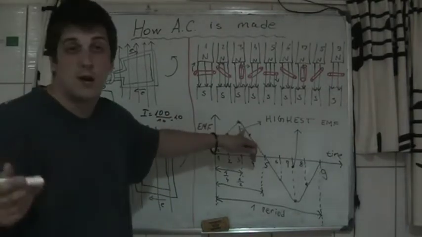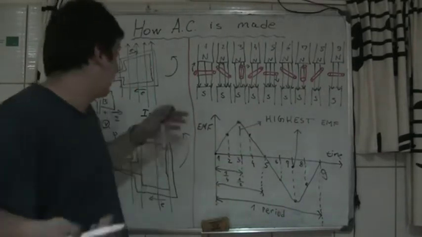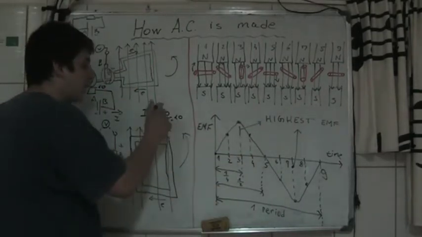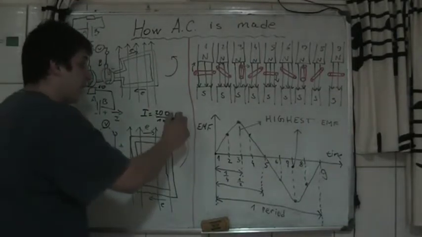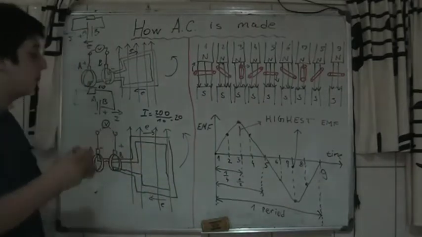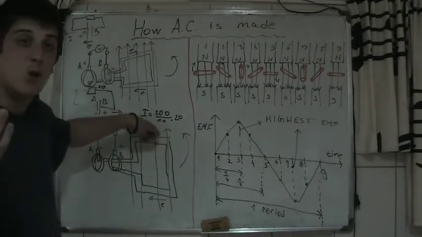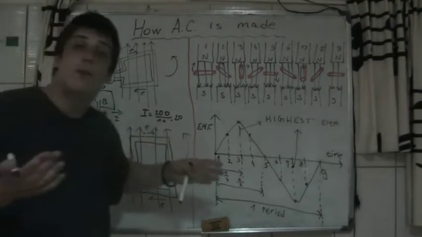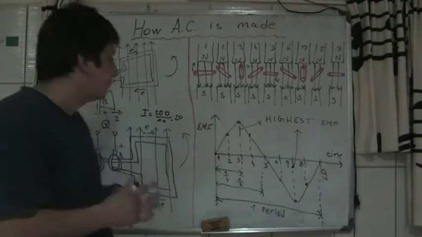Here you have 200 volts, and then you will have an electrical current of 20 amperes. This is the maximum value of the current when you have the highest EMF.